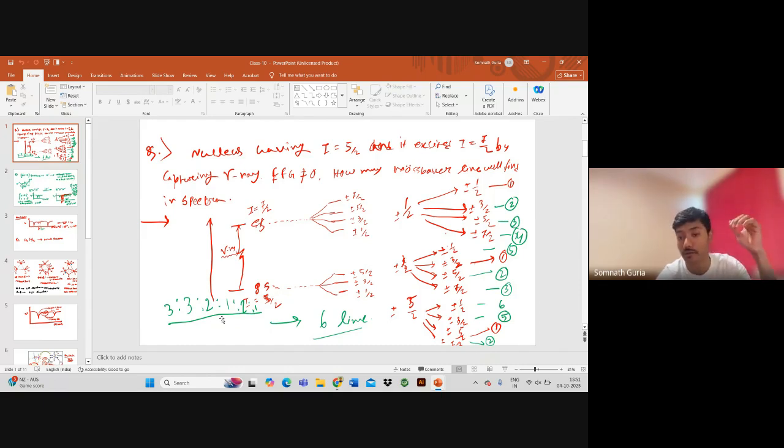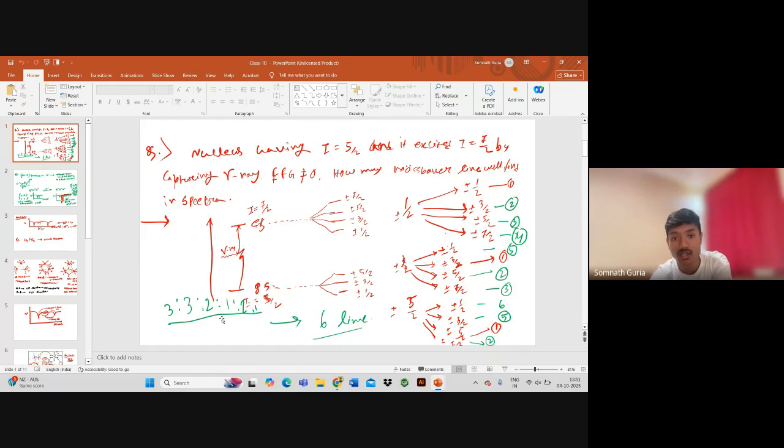We have a transition from I equals 3 by 2 to 5 by 2, where EFG is not equal to 0. In that case, how many lines will we get? I did this calculation and found around 4 lines only.